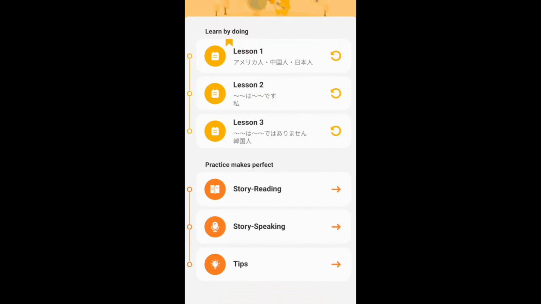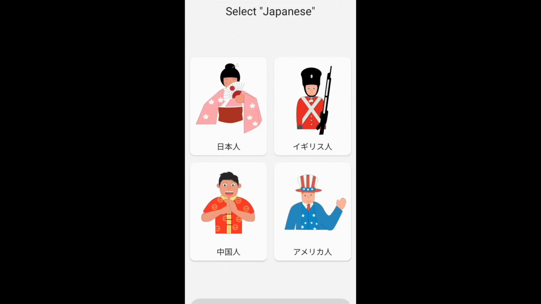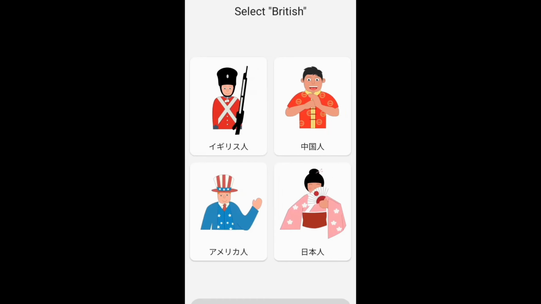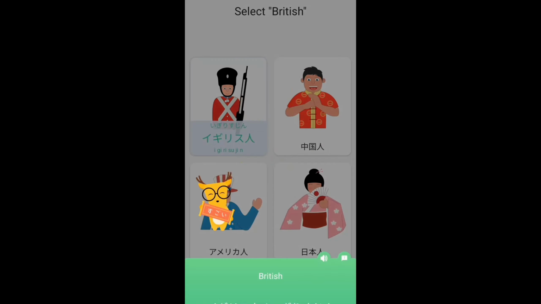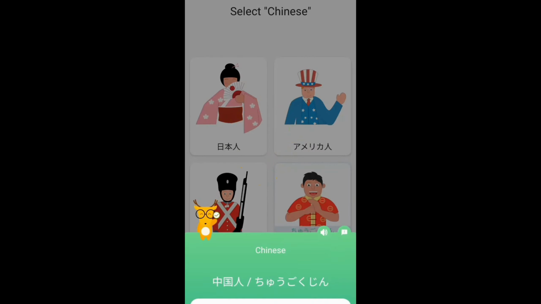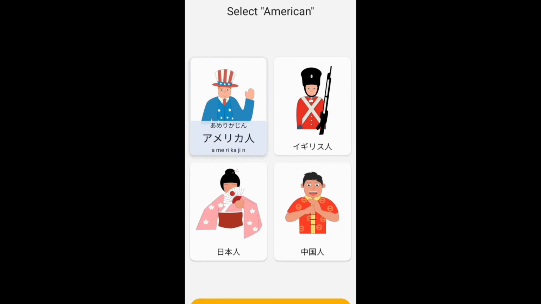Now we're going to go on to lesson 2. Lesson ni. Ichi ni. What is Japanese? Nihonjin. What is British? Igirisujin. Okay. What is Chinese? Chugokujin. And Amerikajin is American.